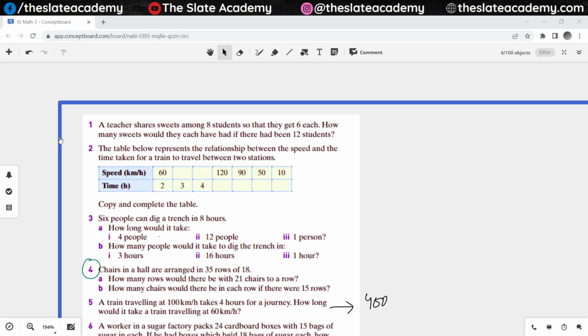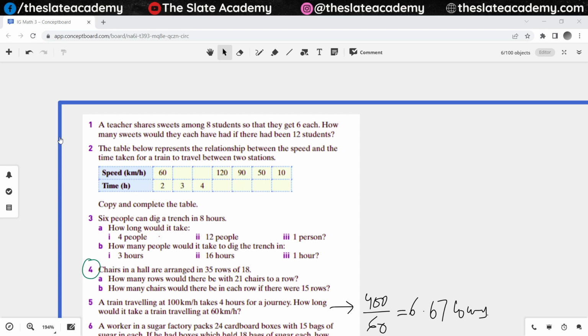And if it were to cover the same 400 kilometers at 60 kilometers per hour, so 400 divided by 60, that gives me 20 by 3 or 6.67 hours.